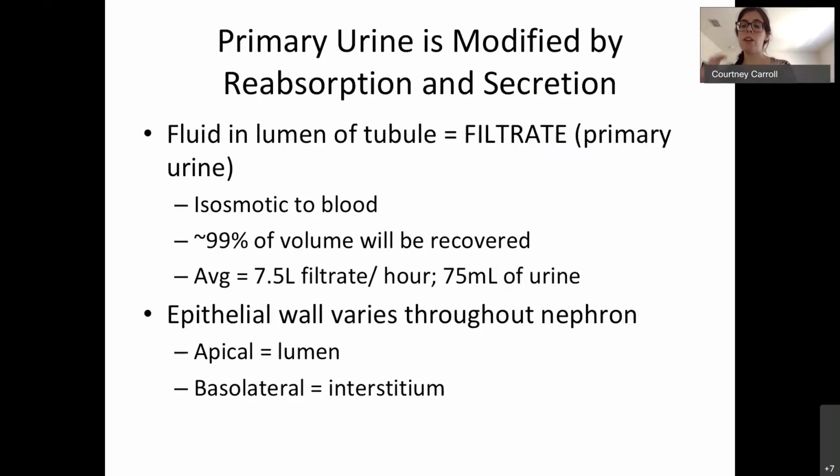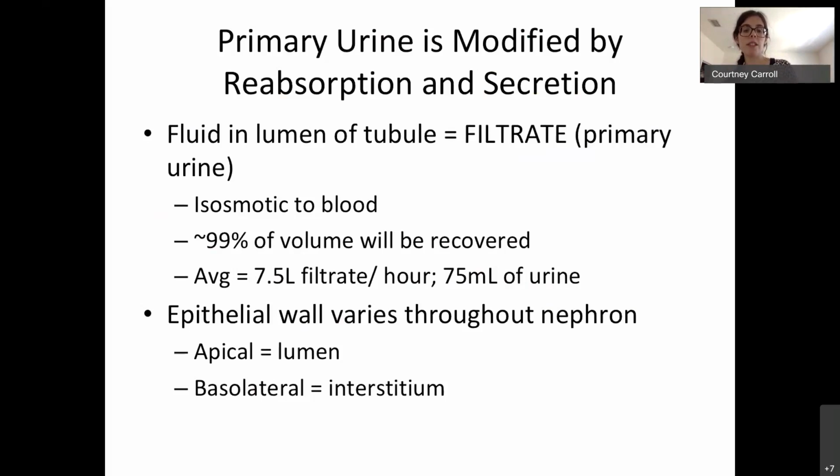The other thing to pay attention to as we move through the nephron is the epithelial wall. So again, the tubule that makes up the nephron is surrounded by one layer of epithelial tissue. But the cells in that epithelial tissue vary depending on where in the tubule you are. In some, they're going to be more cuboidal, and others are going to be columnar. So the shape of the cells will change depending on where we are.